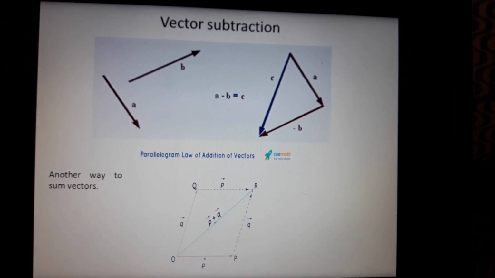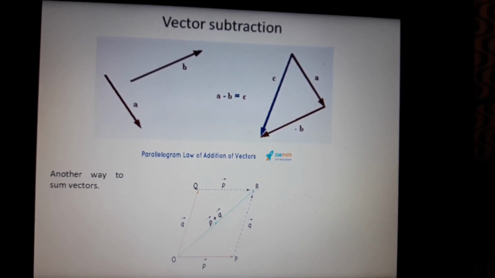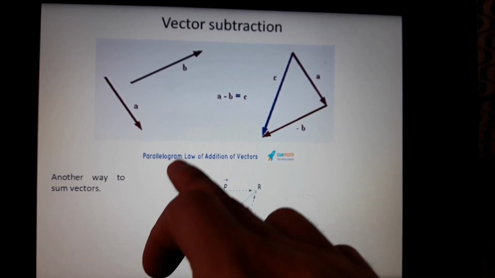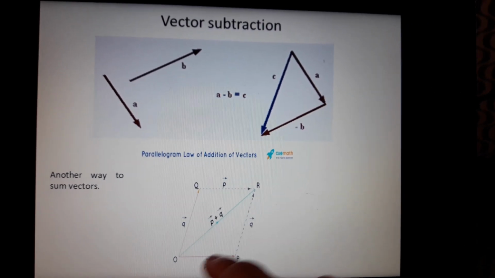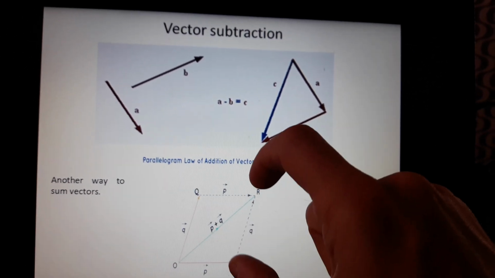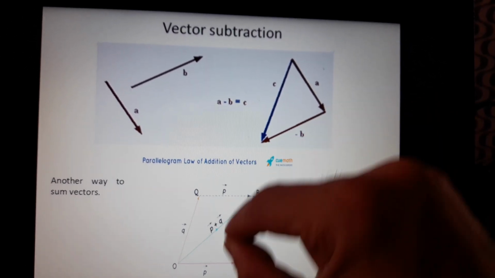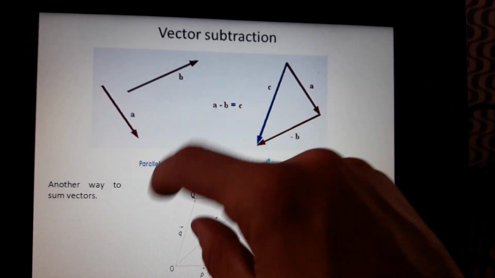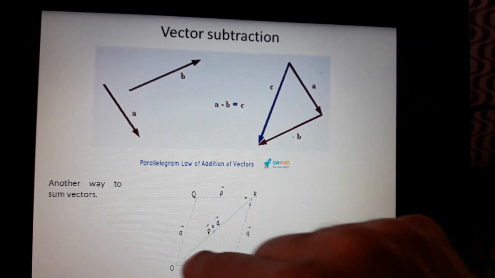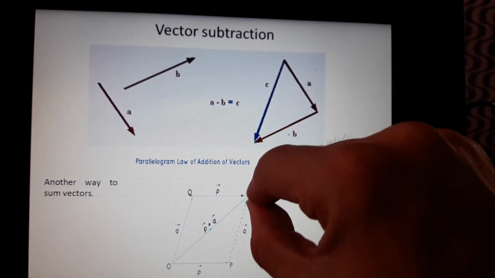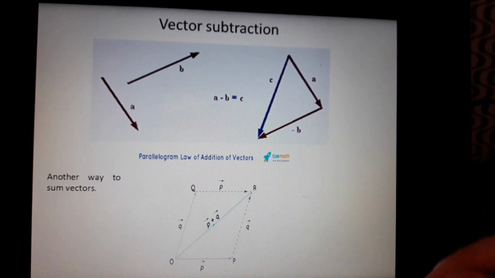We have the other rule here, the vector sum. We have q plus p. We can project a dashed line here, a dashed arrow. We have this dashed line here, and we draw P plus Q here, and it is the resultant vector.